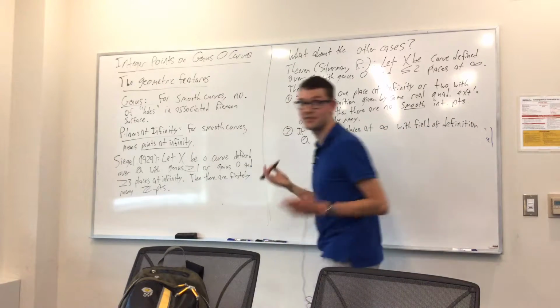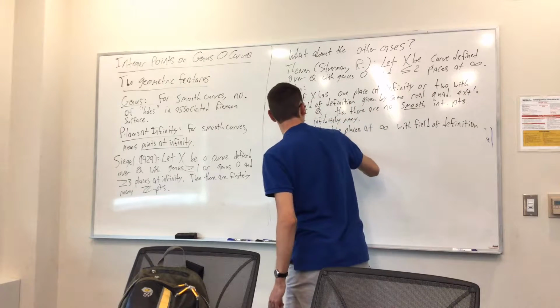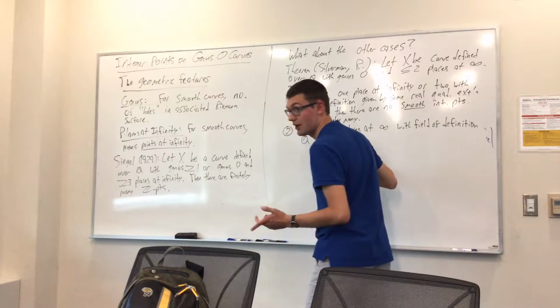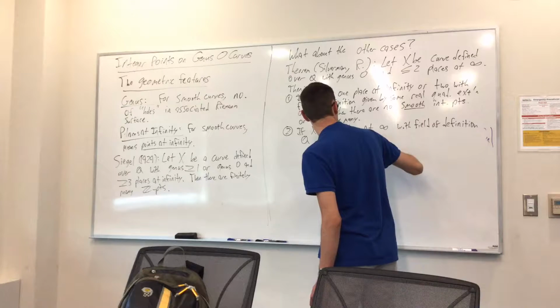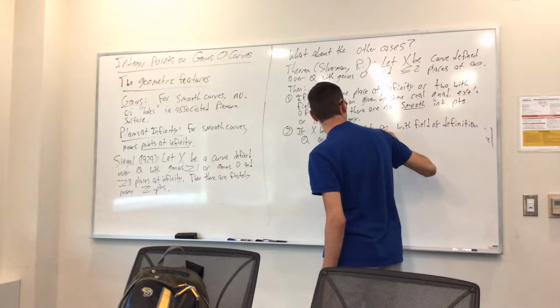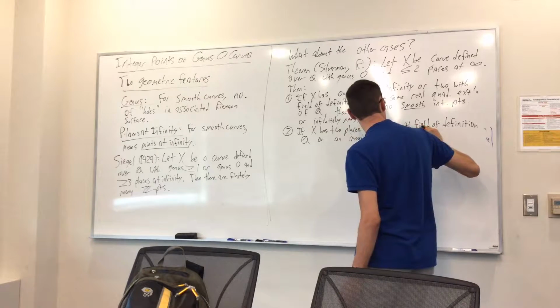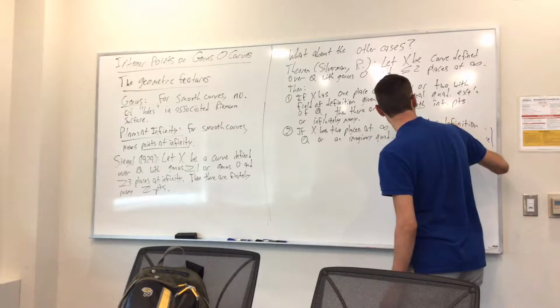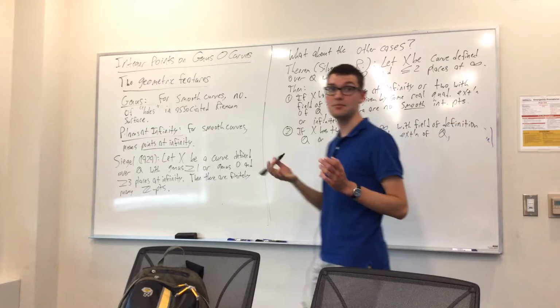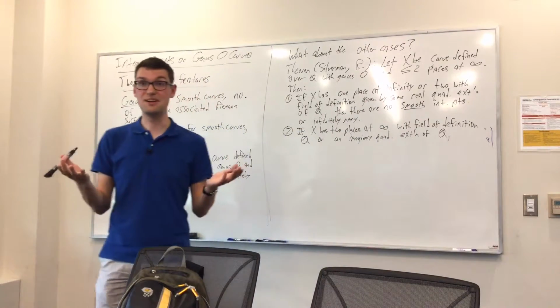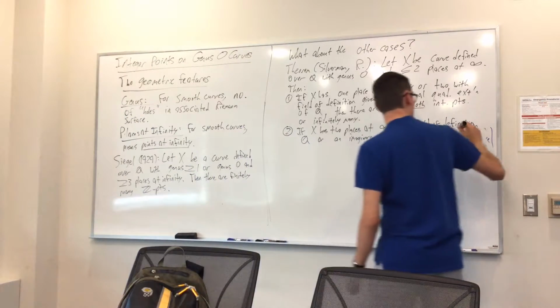So if Q is the field of definition, or an imaginary quadratic extension. In this case, we get the same Siegel conclusion, that there are only finitely many integer points.